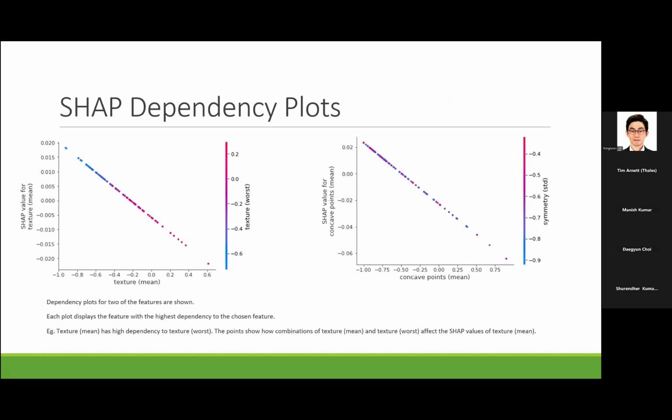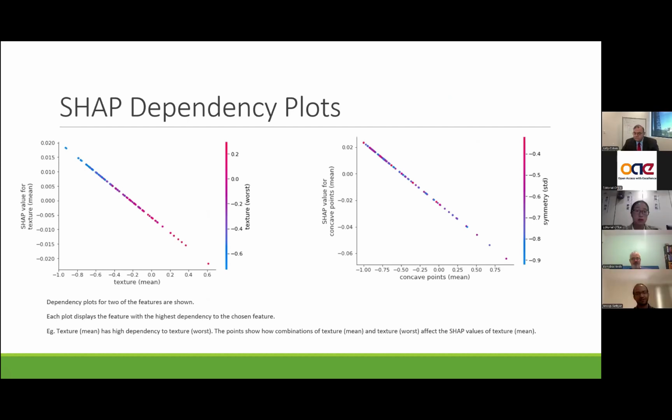But these can be used on any model. It doesn't have to be a neural net. These are model agnostic techniques. Now, in this case, we only have 30 features, but as you have more features, this becomes more complex, but it still provides a way to understand and explain why a model is making certain predictions. So that's it from my side.